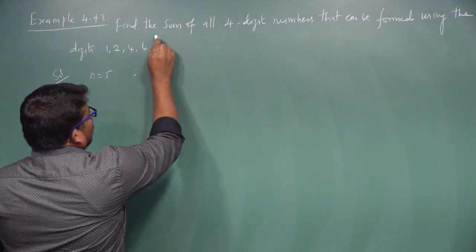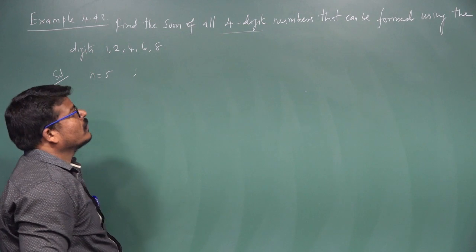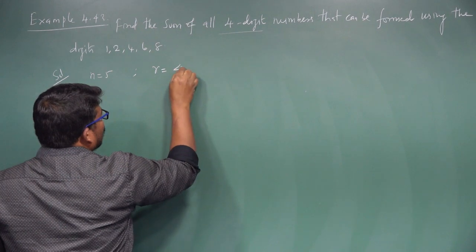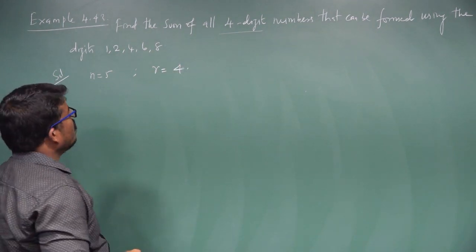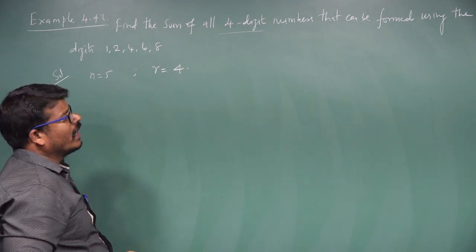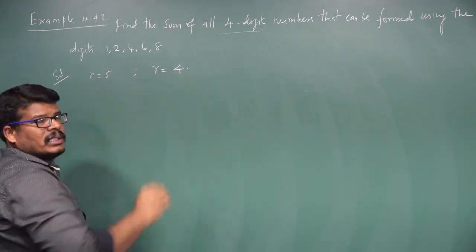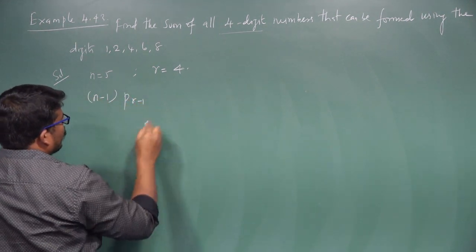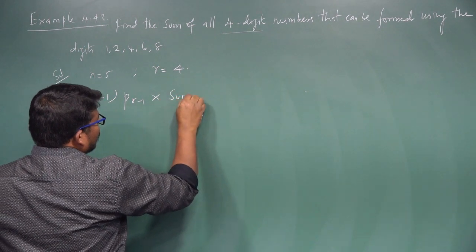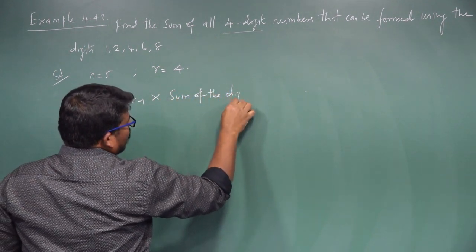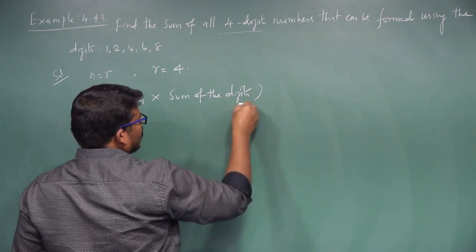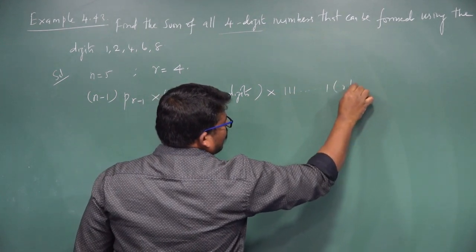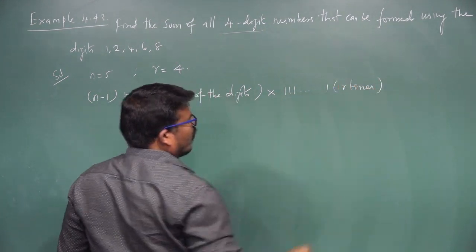Next, the sum of all 4-digit numbers, the sum of all r-digit numbers, where r equals 4. Writing the formula: (n−1)P(r−1) into the sum of the digits into 1, 1, 1, r times.